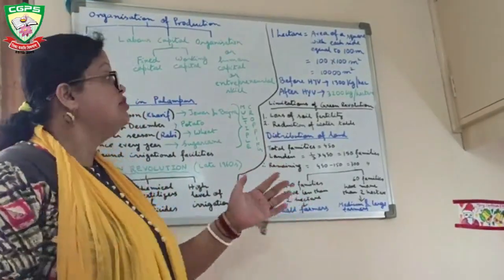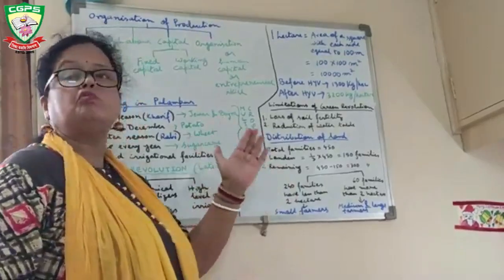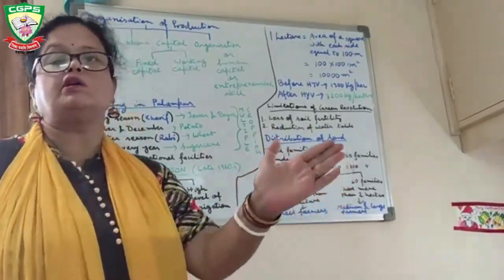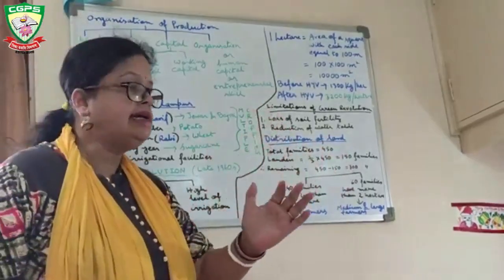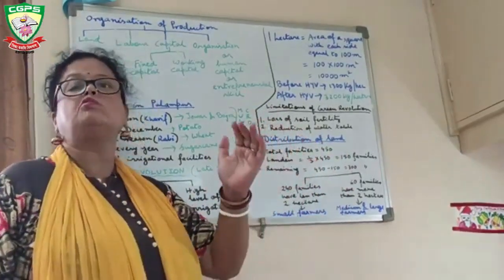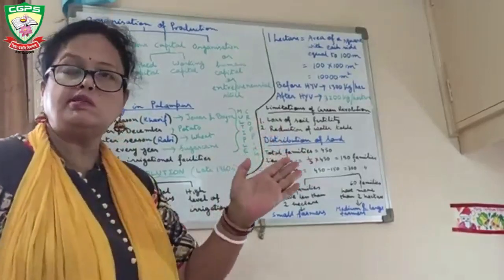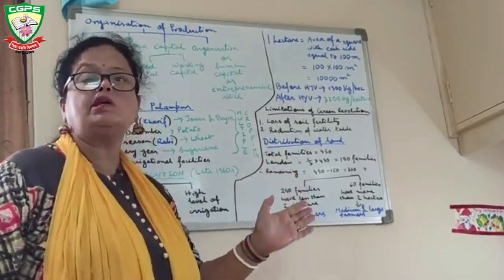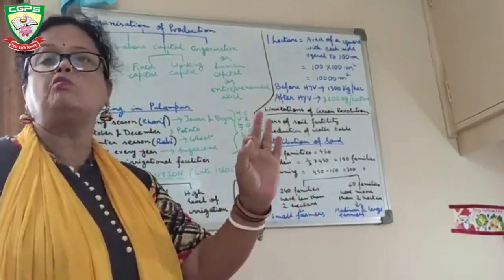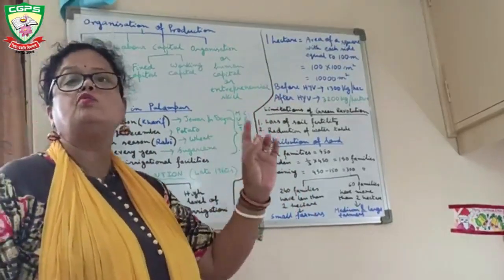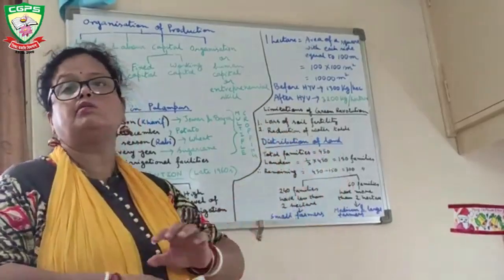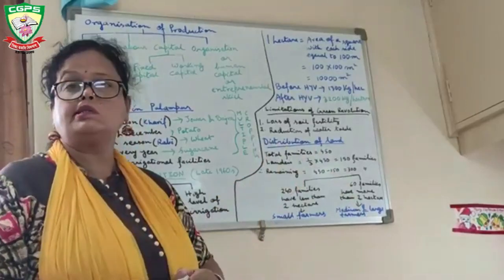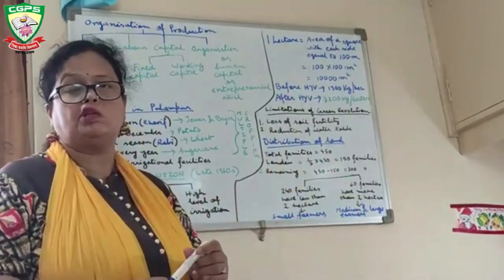So after Govind's death, this 2.25 hectare was fragmented and distributed among his 3 sons, which resulted in very small production for each of them. So they were not able to maintain their family expenditure with this very small plot of land. So they had to look for other alternative opportunities. They had to work on others' land to maintain their family expenditure.